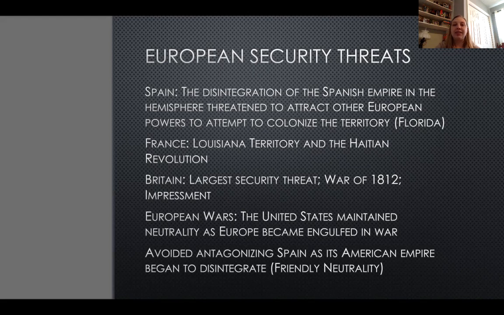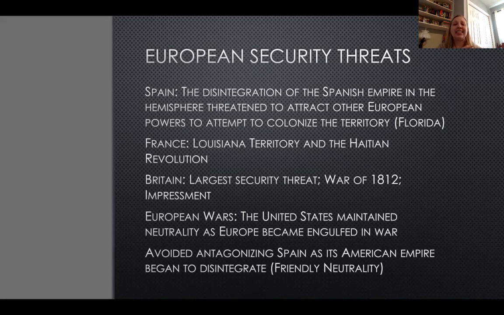At the same time, these Europeans are engulfed in war on the European continent, and the United States does its best to maintain its neutrality in these wars, to not antagonize any of the powers that are still operating in the Western Hemisphere.